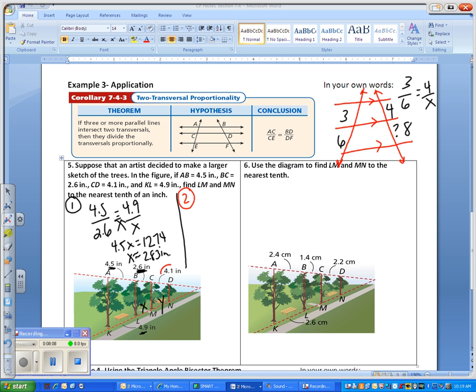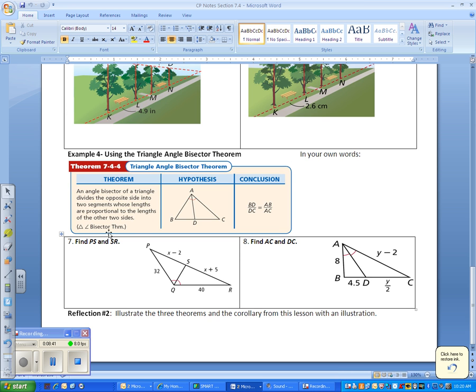Well, y is across from the 4.1, and I already know the 4.5 and the 4.9 are together, so you could say 4.5 over 4.1, if, again, I'm reading left to right, is like 4.9 over y. There's lots of ways you can set this up, and then again you cross multiply and solve. So I want you to tell me what y equals. I want you to do the same thing for number 6, please. I'm going to check your work in class to make sure you did it.